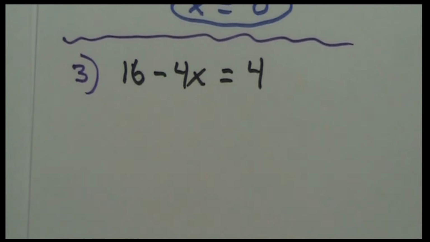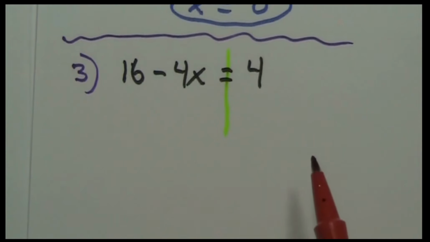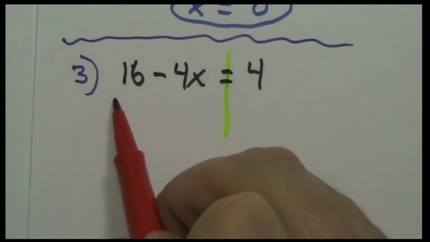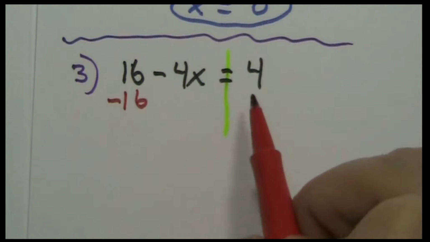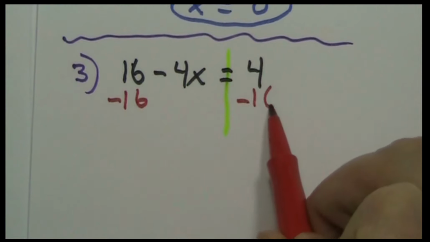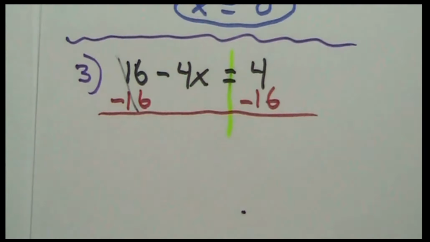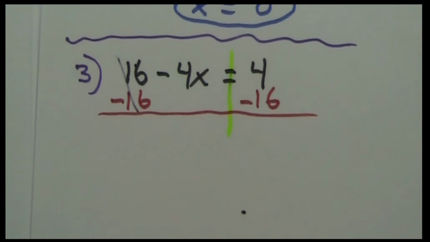Okay, you have left and right side. And we need to get rid of the constant. The constant is 16. So we subtract 16, both sides. Okay, and that will be 0. And this is the tricky part where many students make mistakes.